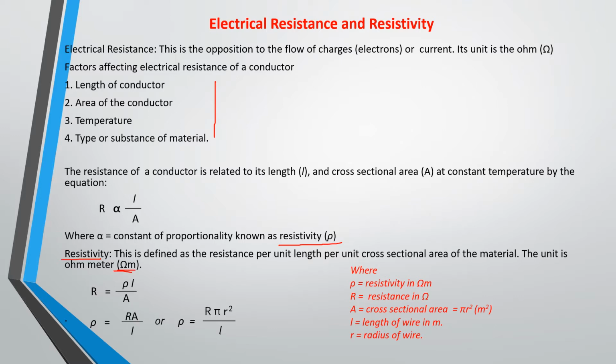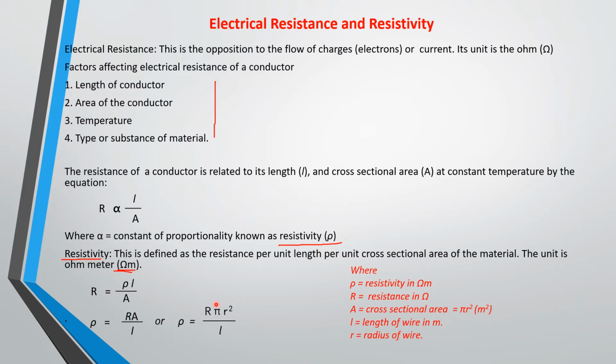So mathematically stated, resistance is equal to resistivity times length all over area, and resistivity is equal to resistance times area all over length. Depending on the material you are given, if it has a circular shape, then the area will be pi radius squared. That's why it is type or substance of material.